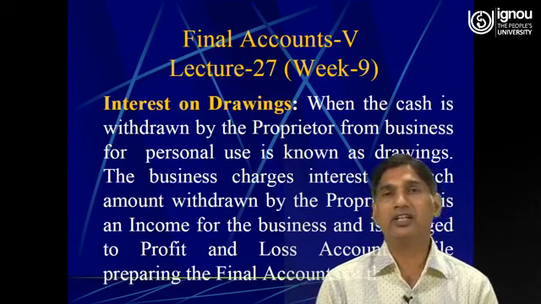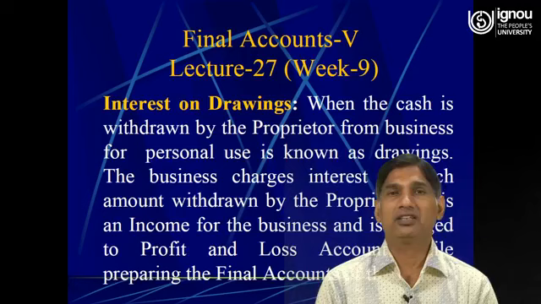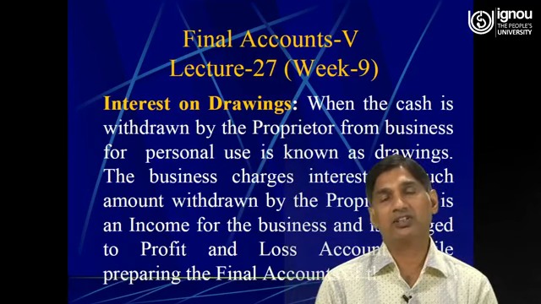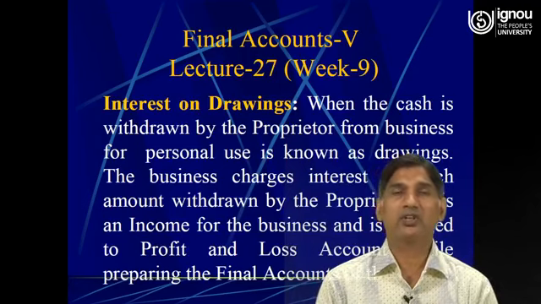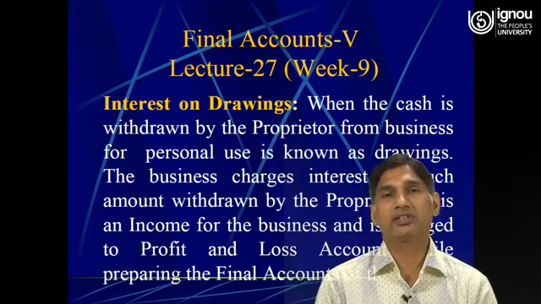In the same way, interest on drawing is an income for the business, because when the proprietor withdraws some amount of goods or cash from the business for his personal use, the business will charge interest on the drawing. So, this interest on the drawing is an income for the business and is credited to the profit and loss account while preparing the financial statements.